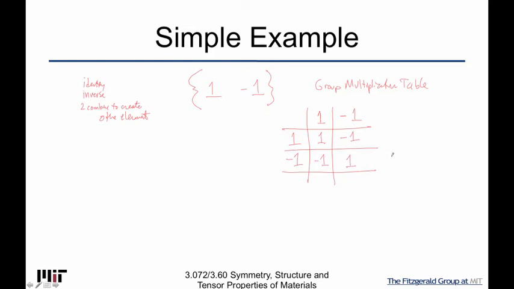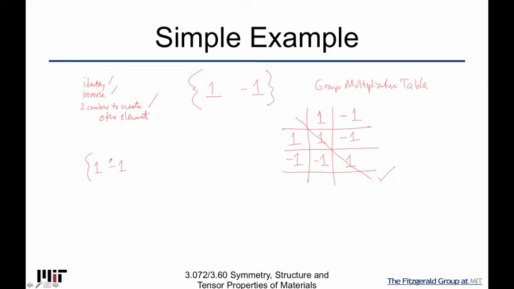And so if you notice, the identity element is 1 along the diagonal typically, because when you have something operating on itself, you should get the identity element. So we have that, so that's checked. The inverse exists, and clearly when we combine, we always get the other element, right? So that's a very simple example of satisfying these 3 criteria.